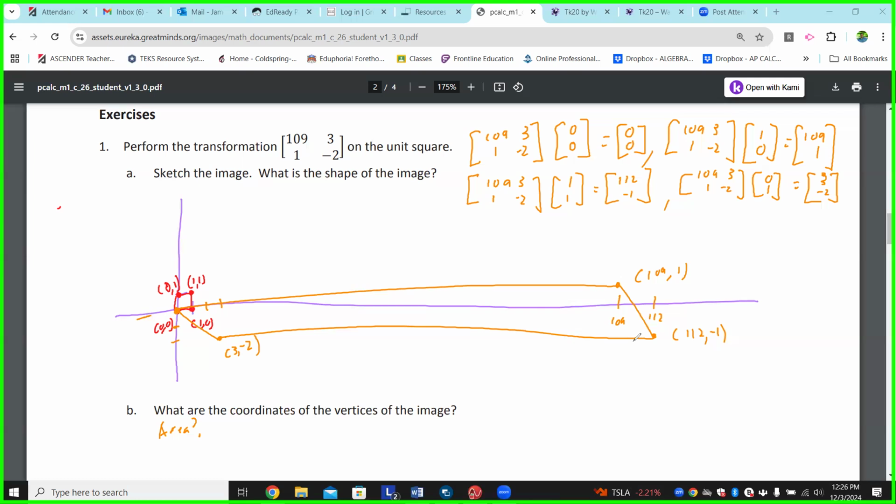No, plus the 1 squared. Well, that was 2 squared. No, it says base times height.